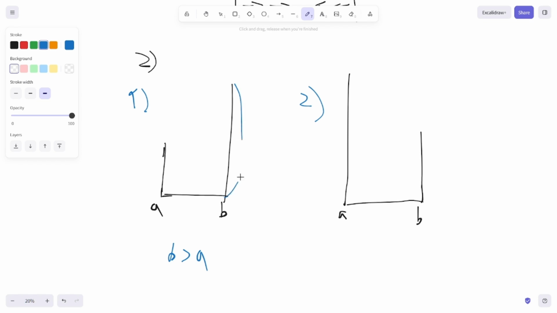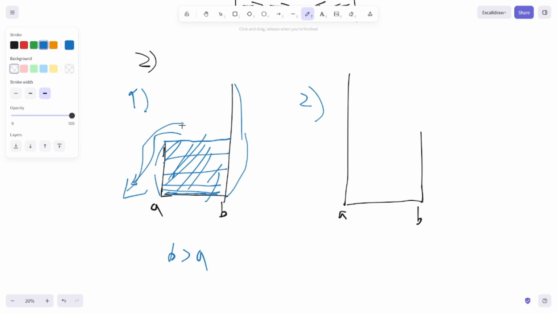Because this height is obviously longer than this. Say someone's going to pour water here. The water fills from the bottom, keeps on filling until we hit A. After we hit A, it doesn't matter anymore, because if we keep on filling, the water will spill.